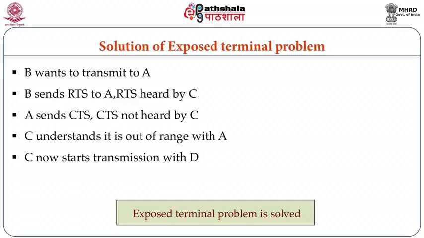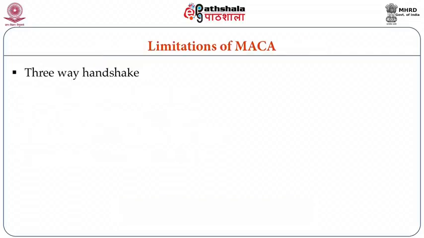So we have seen how RTS and CTS used in the MACA algorithm solve the hidden and exposed terminal problem. But the limitations of the MACA algorithm were that, firstly, it was just a three-way handshake. That is, RTS is sent, CTS is sent, data is sent.